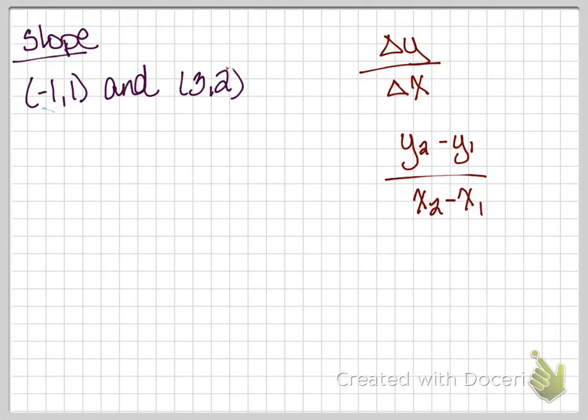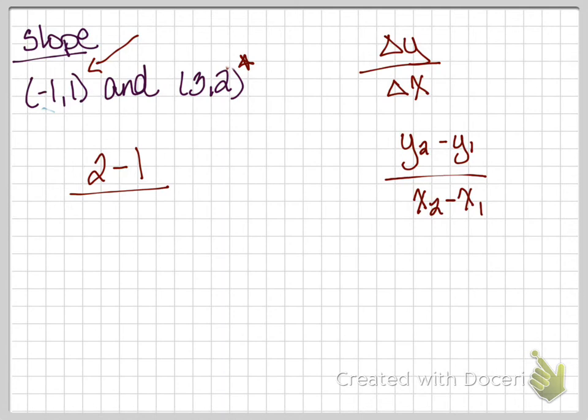That means I'm subtracting my y values, then I'm subtracting my x values. So I am going to start with this point right here, 3, 2. What is my y value in 3, 2? 2. And I'm subtracting. So now I'm going to go to this point right here. What's my y value in -1, 1? Good.